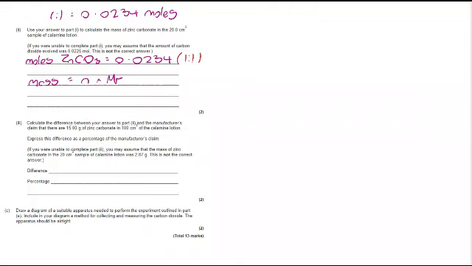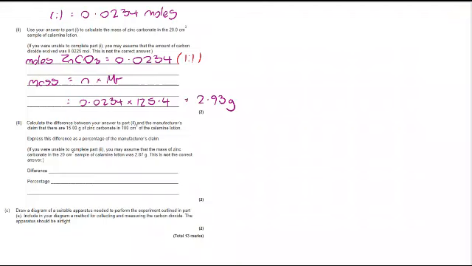I can now use n = m over Mr, rearrange, mass is moles times Mr. If I use my periodic table to find the relative molecular mass of zinc carbonate, 1 zinc, 1 carbon, 3 oxygens, it comes to 125.4. Multiply those together and I get a value of 2.93 to maybe 2.94 grams.